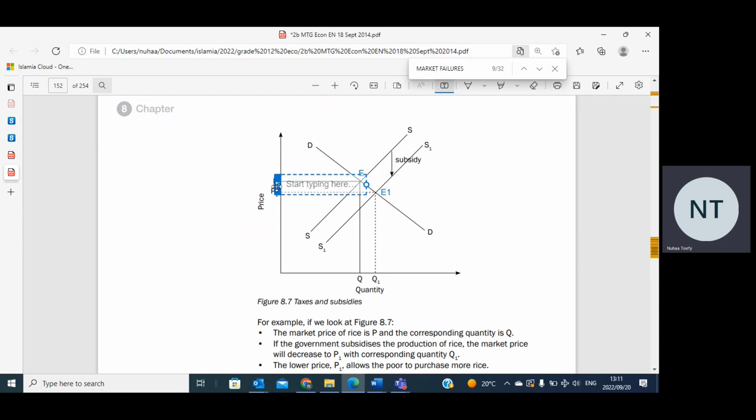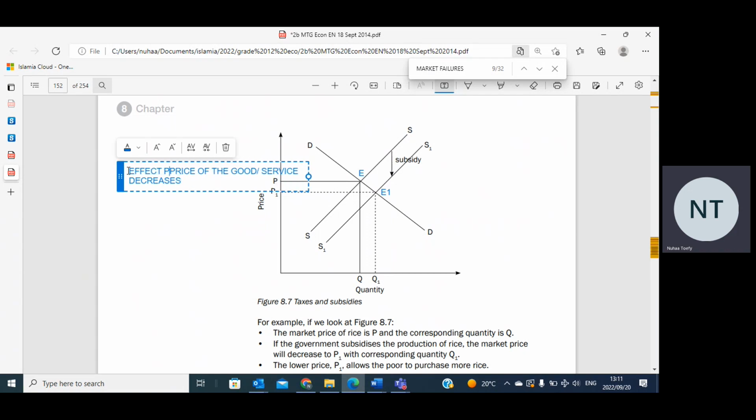That's very important. The price of the good or service, because here I use the word education, the price of the good or service decreases. And what does that result in? So what is the effect on the market? Just write it there, effect on the market.